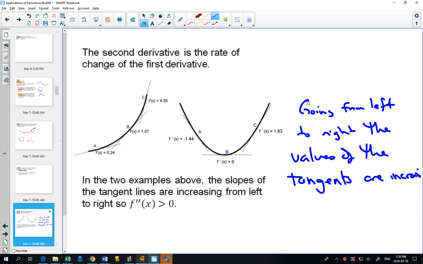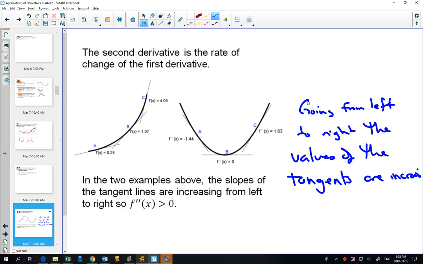And so if we found from our first derivative that when we plug things into our first derivative, it would show our function is increasing if the first derivative is positive and decreasing if our first derivative was negative. Now, if we go to our second derivative, if we find our second derivative is positive, that means the tangents are increasing.